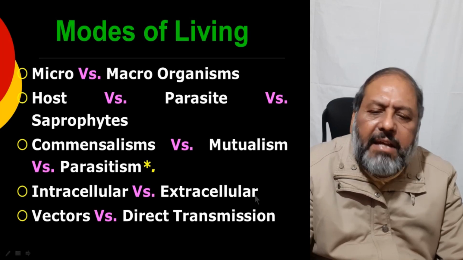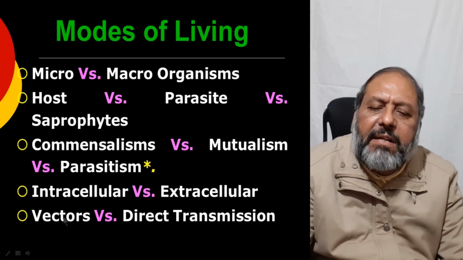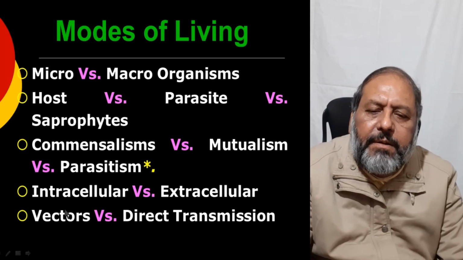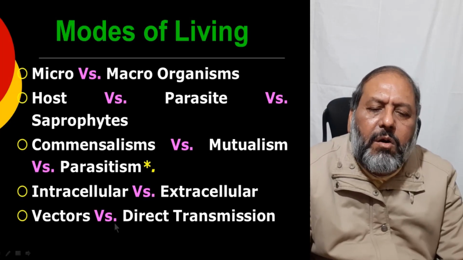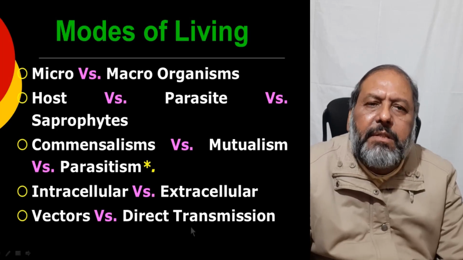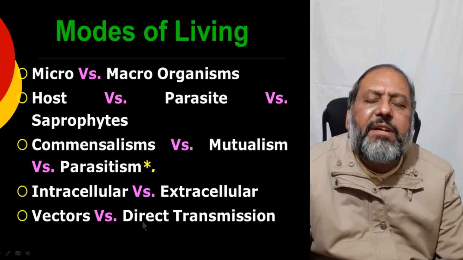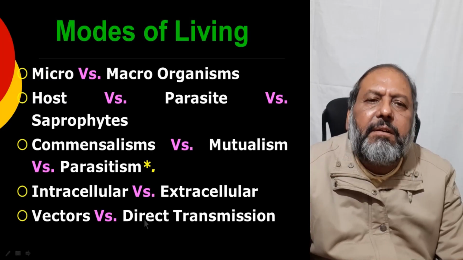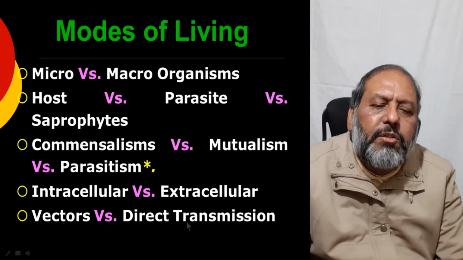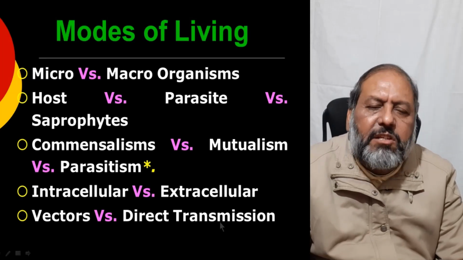Now, vectors carry the infection from one person to another, or one host to another. Direct transmission is just touching the host with secretions that contain the bacteria and are going to infect you. So these are direct transmission of the infection.